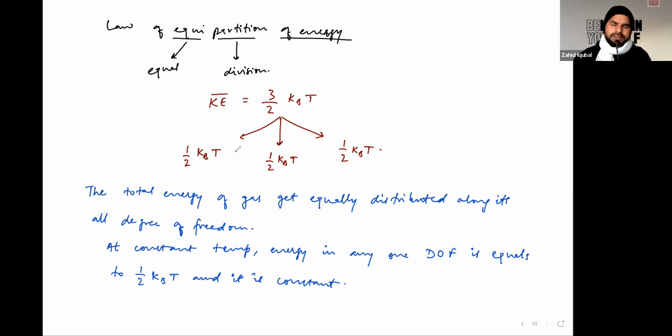Okay, so we have along any one degree of freedom, half kBT energy.